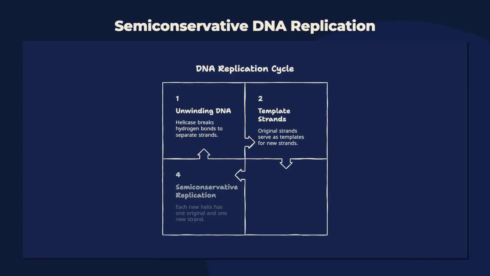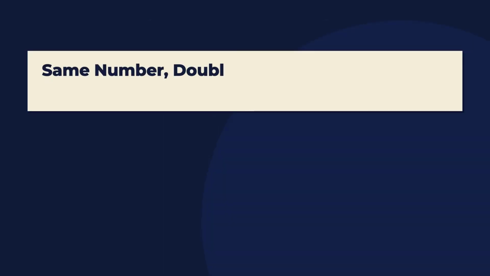Here's why replication is called semi-conservative. Helicase unwinds the double helix by breaking the hydrogen bonds between paired bases. Each strand then acts as a template, and DNA polymerase builds a new complementary strand by matching adenine with thymine and guanine with cytosine. So each new molecule ends up with 1 old strand and 1 new one.